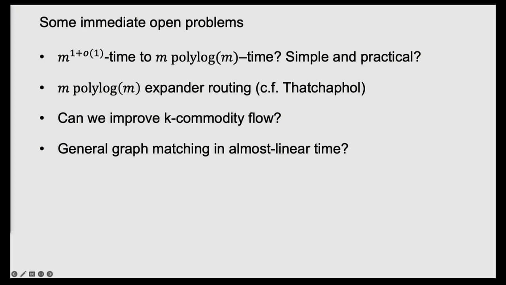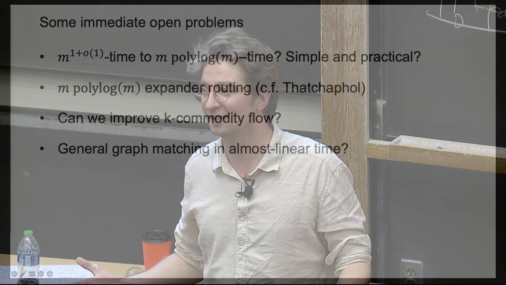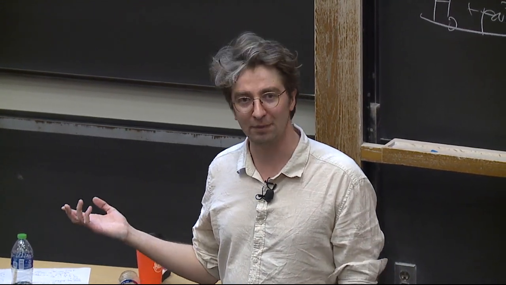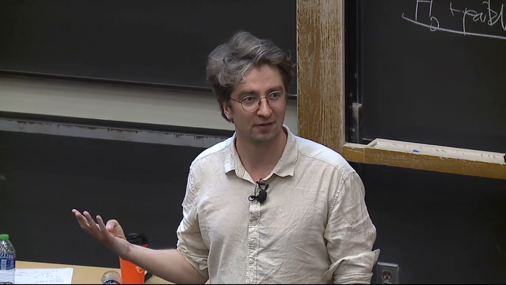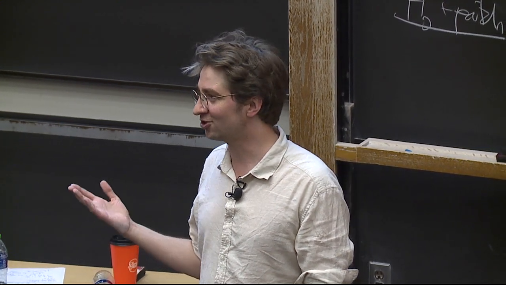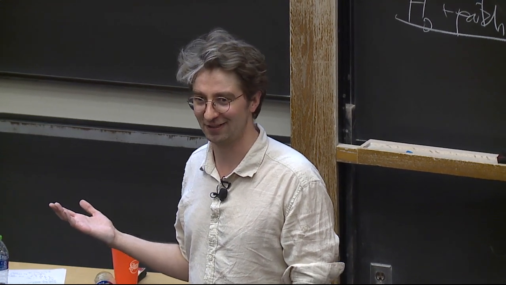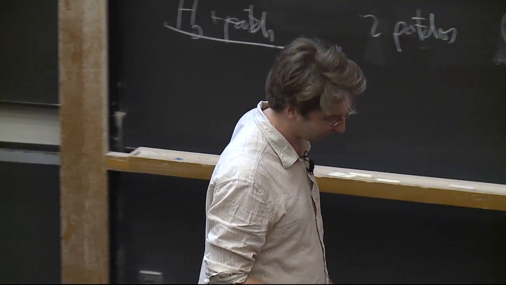Also, you could ask, I gave you this generic L1 IPM. Can you find other things that you can do with it? A fairly obvious thing to think about is general graph matching, except that this has an exponentially large linear program. So that gets messy, okay? But these could be some good things to figure out.